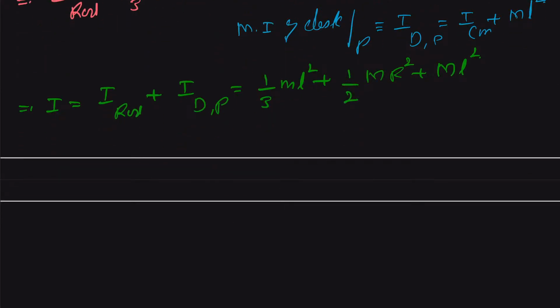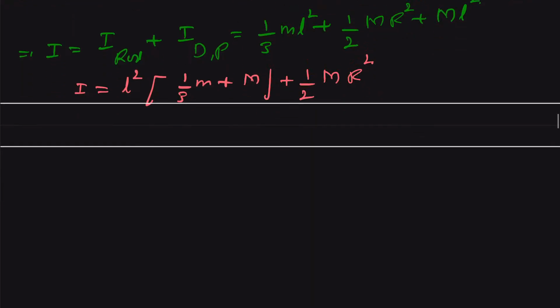So we get that our moment of inertia I, L square we take as common, and this comes as 1 by 3 small m plus capital M, and this is plus half m r square. So we got our moment of inertia and we already know our mass total.